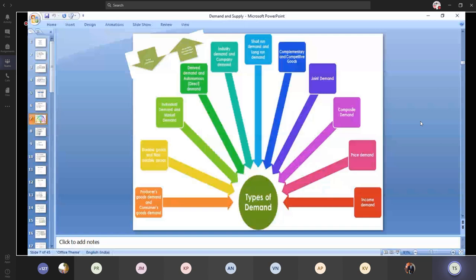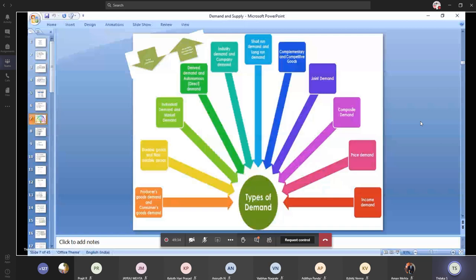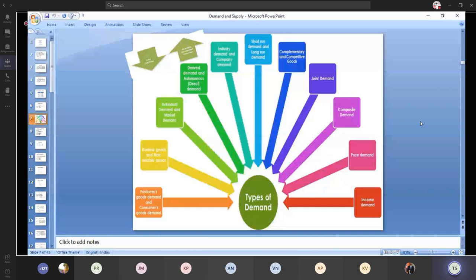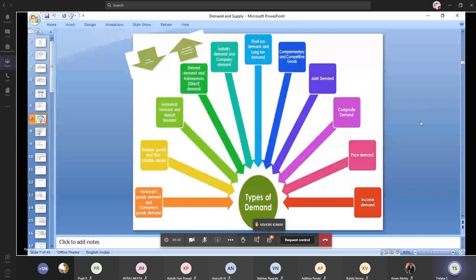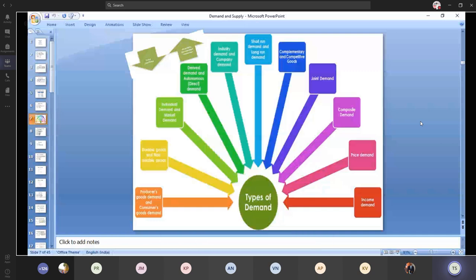And last two, price demand and the income demand. From the name itself, if the demand of a commodity is affected by the prices, those commodities come under price demand. And income demand: when the income increases, the commodity's quantity demanded changes. Those kinds of commodities are called income demand. So these two are the common types, price demand and income demand.